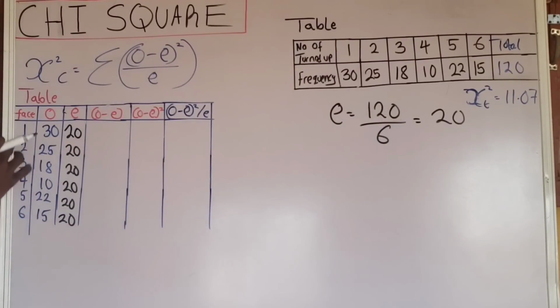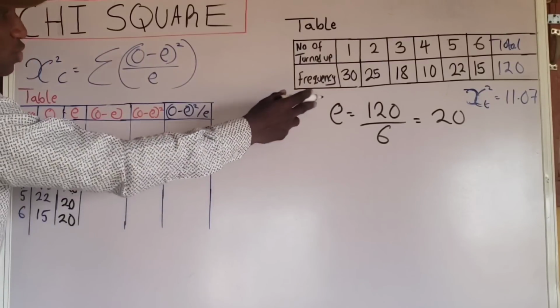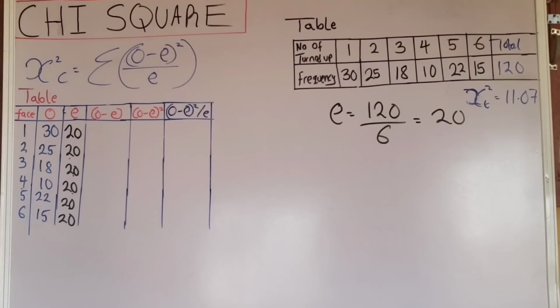If we throw the die 120 times, 1 must appear 20 times if the die is unbiased. 2 must appear 20 times. 3 must appear 20 times. 4 must appear 20 times. 5 must appear 20 times. And 6 must appear 20 times as well. So the summation of this must be equal to 120. This is the observed value, this is the expected value.